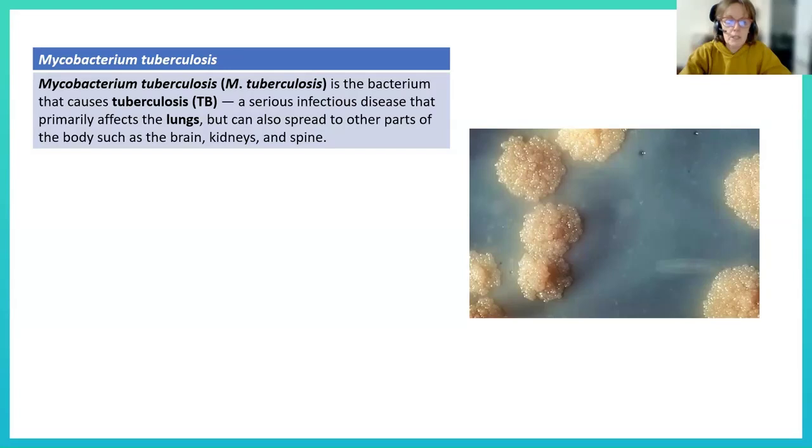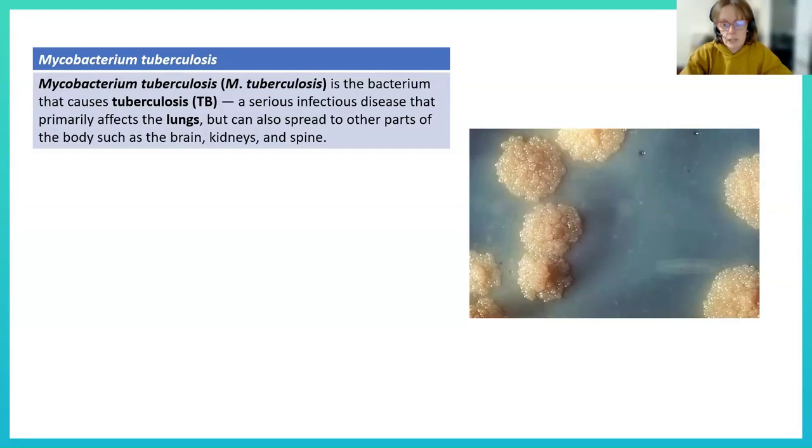And the first time you write it, you write out the whole name. So Mycobacterium tuberculosis. And then if I was to talk about it again, I would just write M. tuberculosis. So you don't have to write the first bit of the name out every time. And it's always in italics. So Mycobacterium tuberculosis is the bacterium which causes TB.